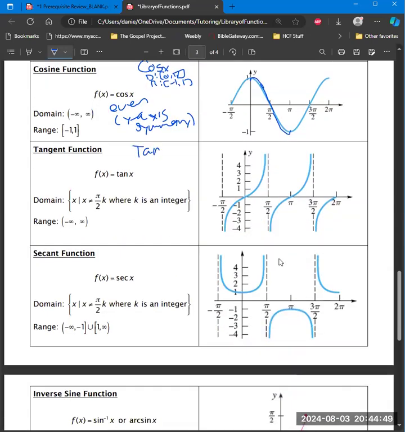Capital tangent of x would be restricted to this first period here from -pi/2 to pi/2, and actually -pi/2 and pi/2 are asymptotes.